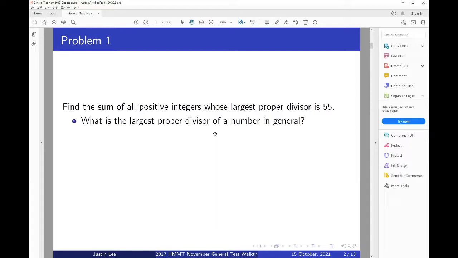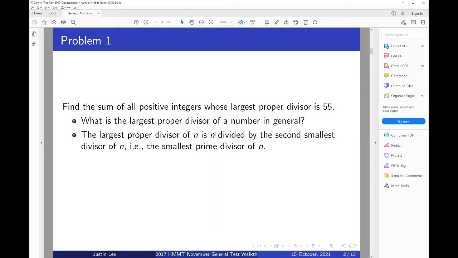A proper divisor means it's not equal to n itself, so it's n divided by the smallest divisor of n that is not equal to 1. That is, n divided by the second smallest divisor of n, and the second smallest divisor of n is the smallest prime divisor of n.